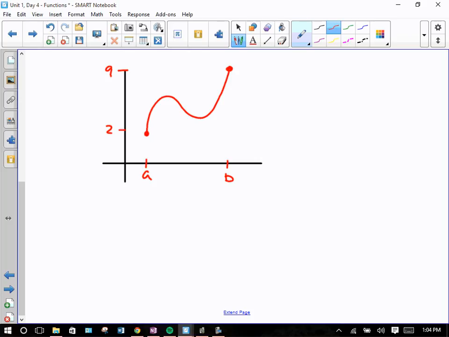What the intermediate value theorem says is that this function has y values somewhere on it where the y value is 3 or 2.1 or 8.79 or pi.